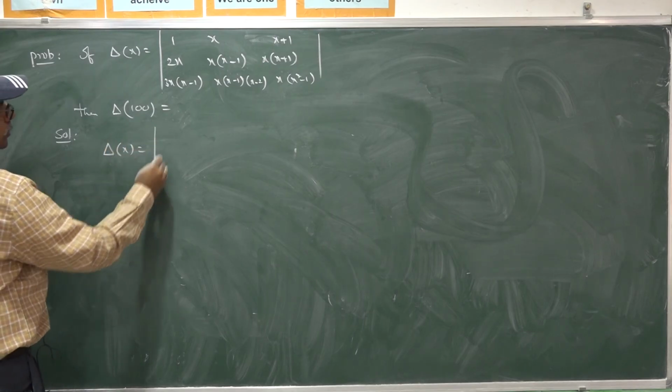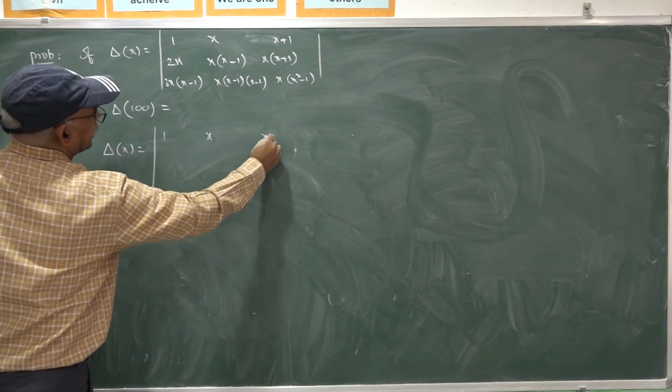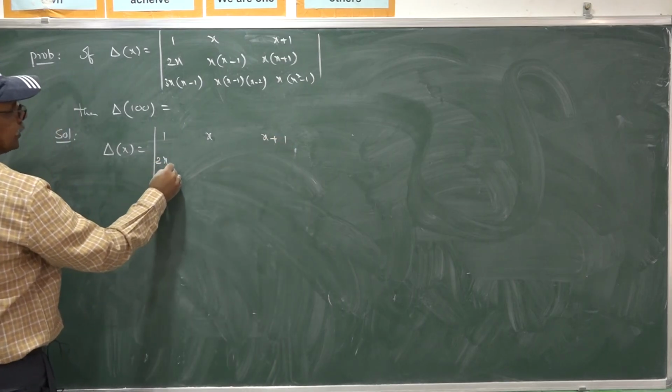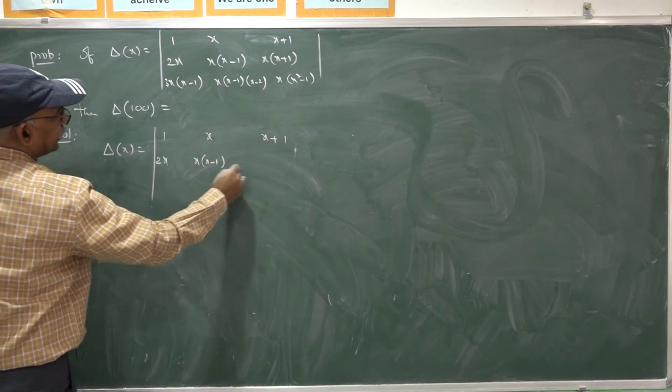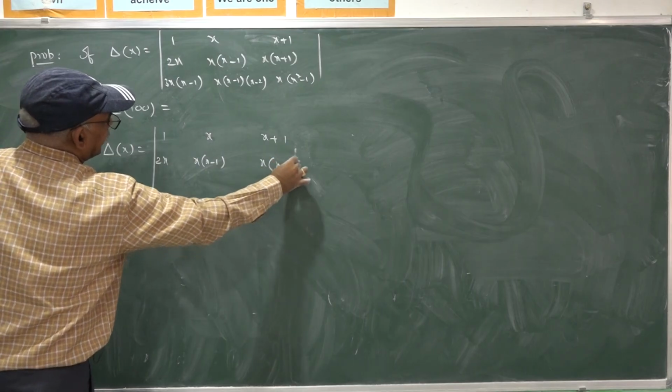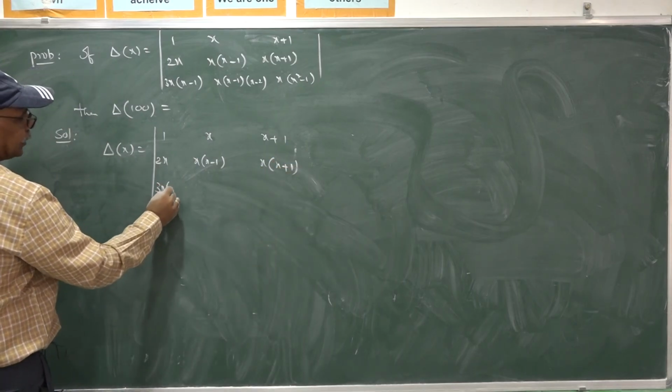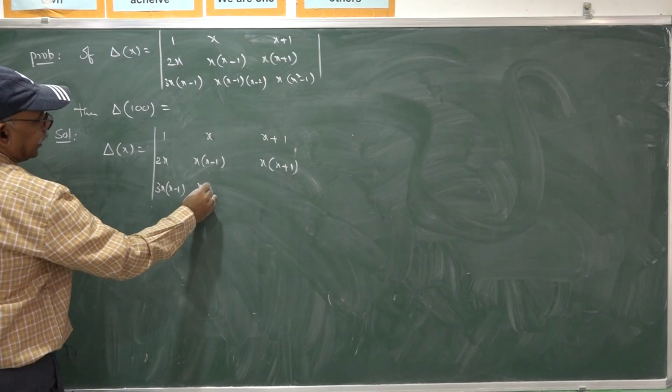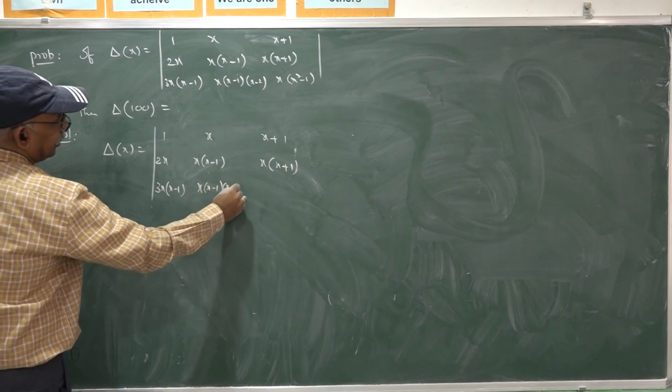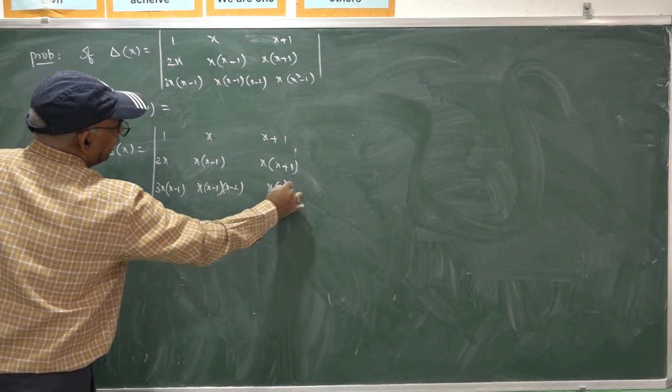So delta x is the given determinant: 1, x, x plus 1; 2x, x into x minus 1, x into x plus 1; 3x, x into x minus 1, x into x minus 1 into x minus 2, x into x square minus 1.